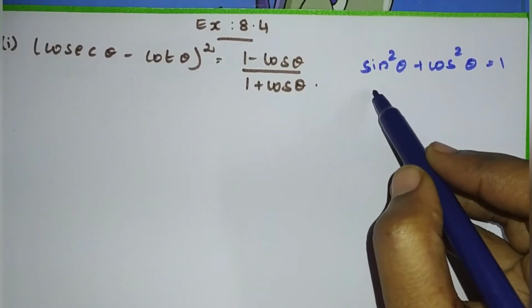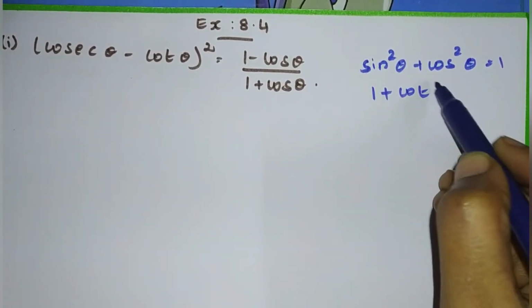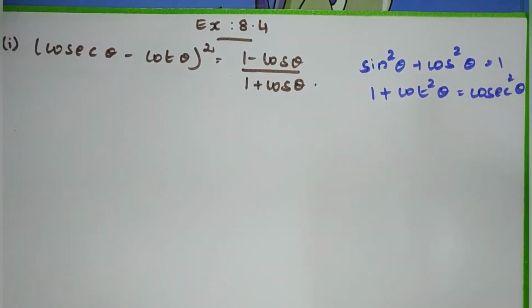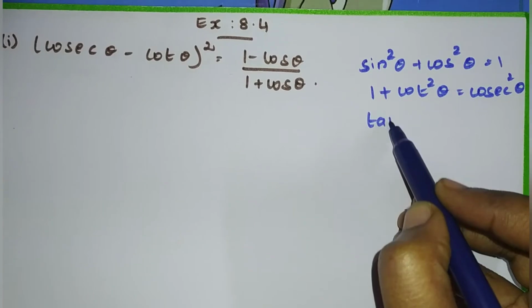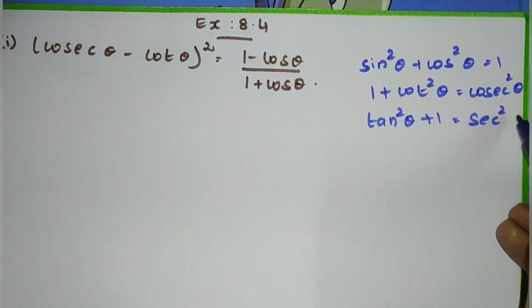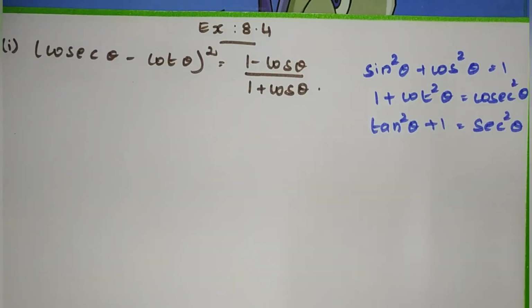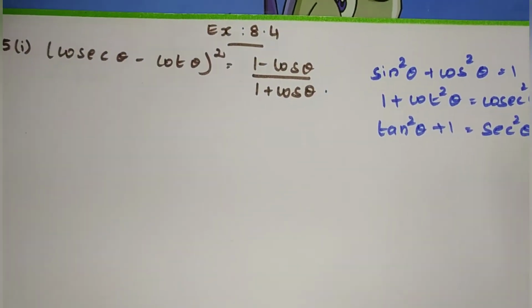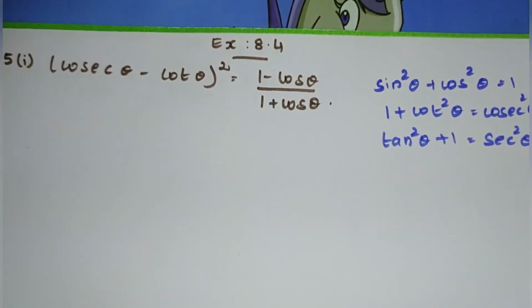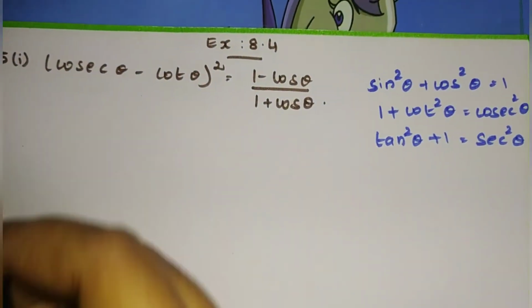Second identity, 1 plus cot square theta is equal to cosecant square theta. And then tan square theta plus 1 is equal to secant square theta. First write all the three identities, and then I'm going to take LHS.